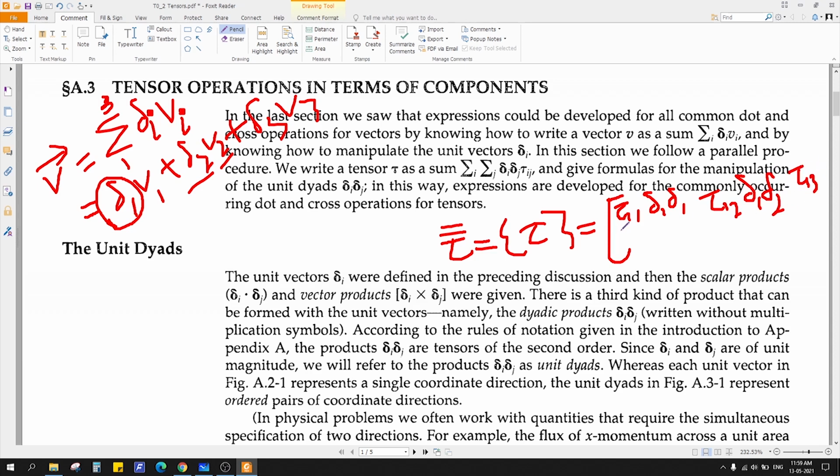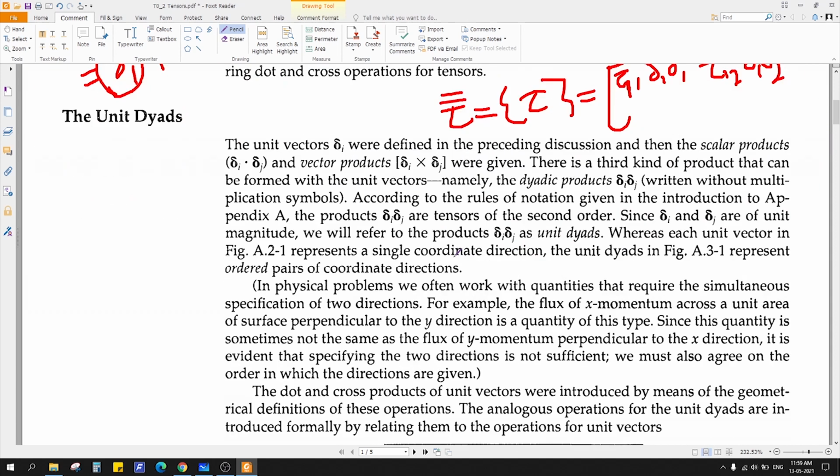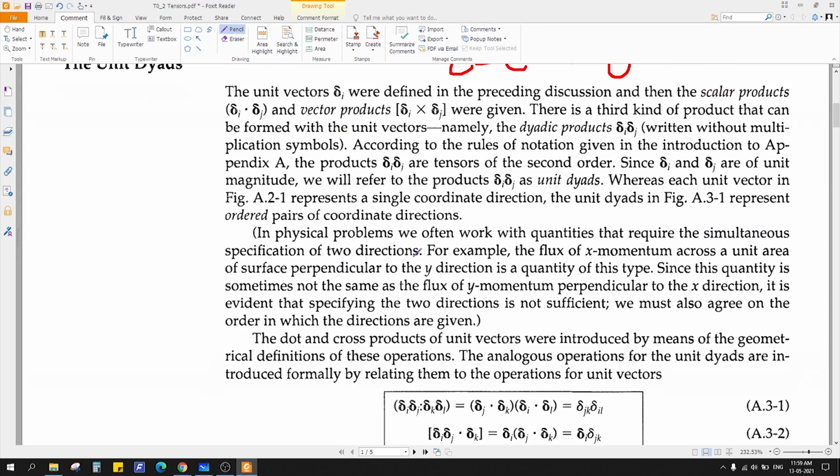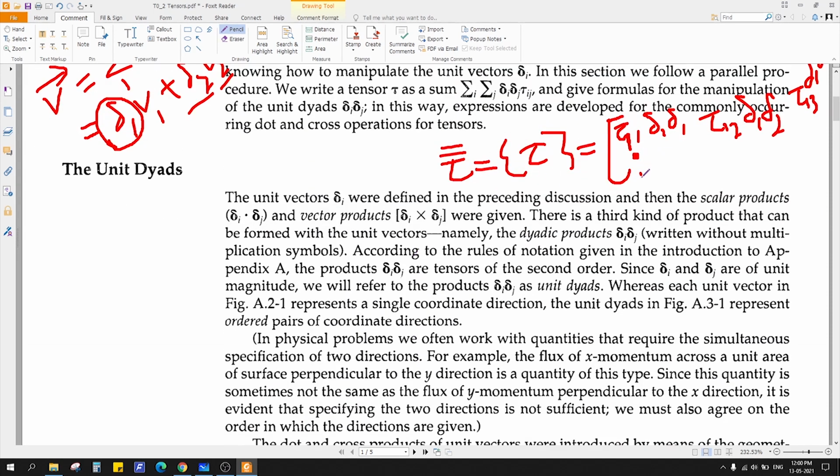The first index means the row, or the component of tau in x direction, right? And tau 3, delta 1 delta 2. So we'll discuss this further.